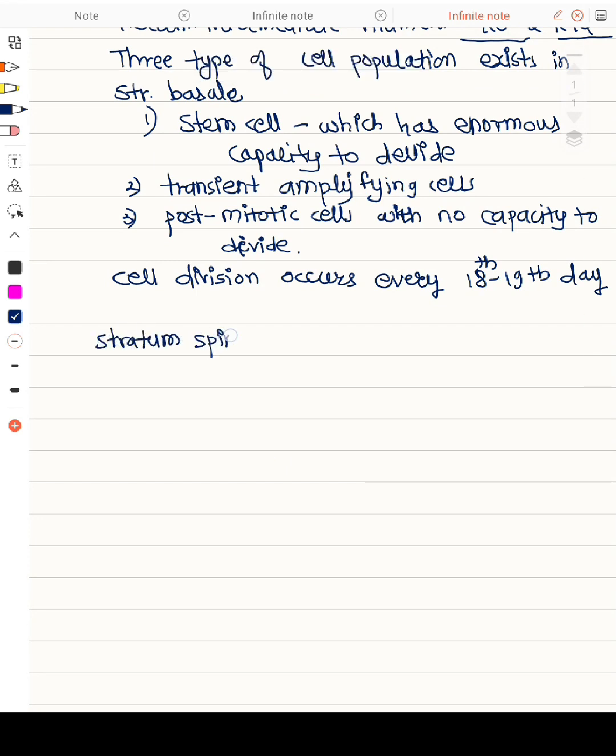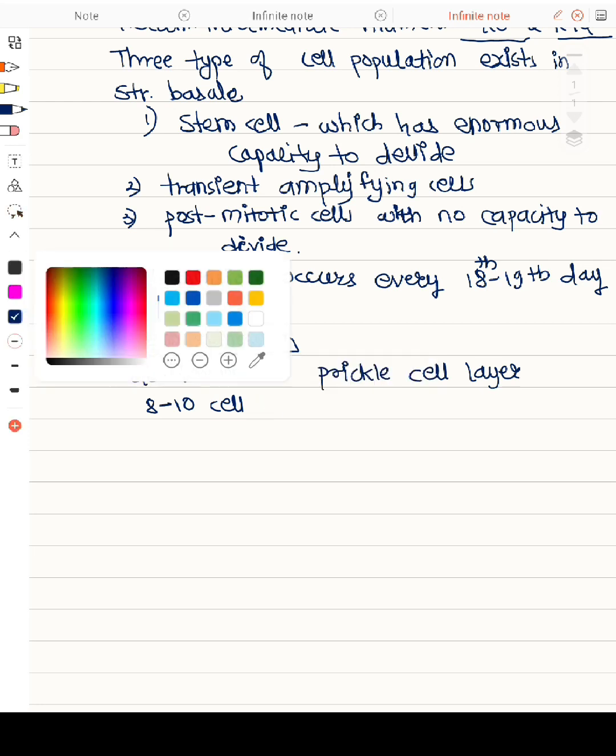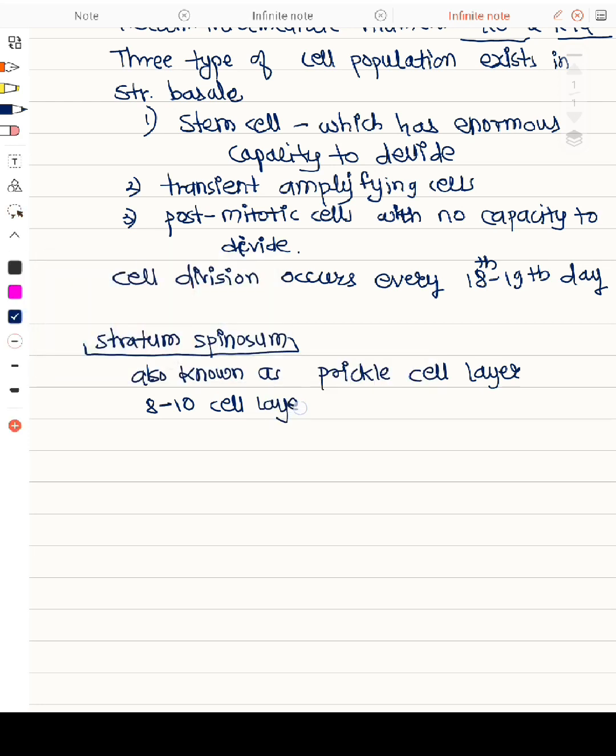Stratum spinosum, also known as the prickle cell layer, contains 8 to 10 cell layers. Cells are polyhedral with a round nucleus.